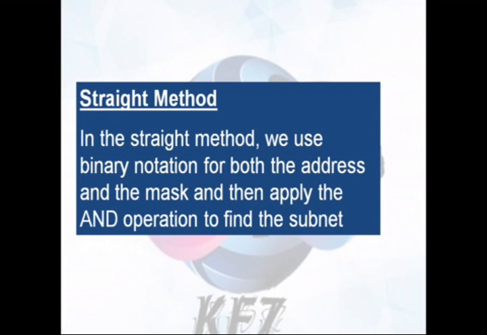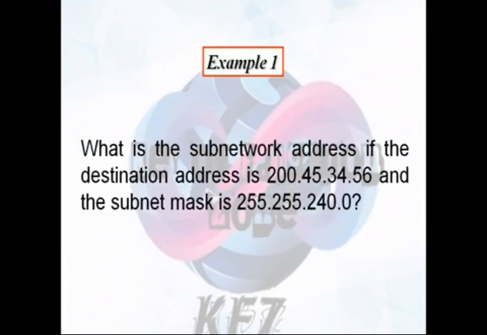The straight method of finding that is to use the binary notation of both address and mask and then apply the AND operation to find out the subnet. The logical AND operation we will follow. In the previous video you can get that also.